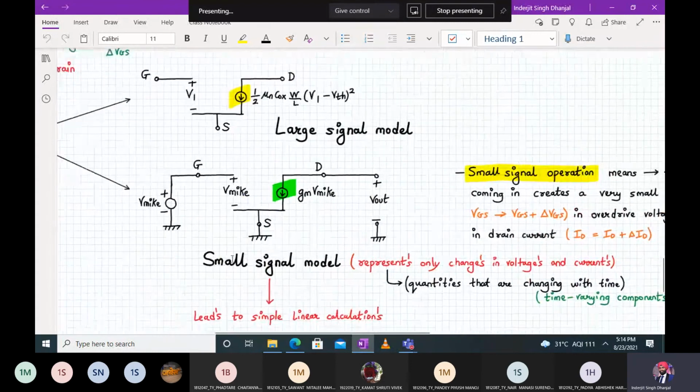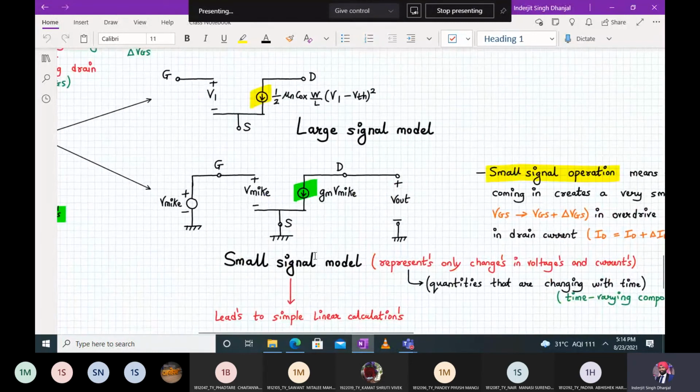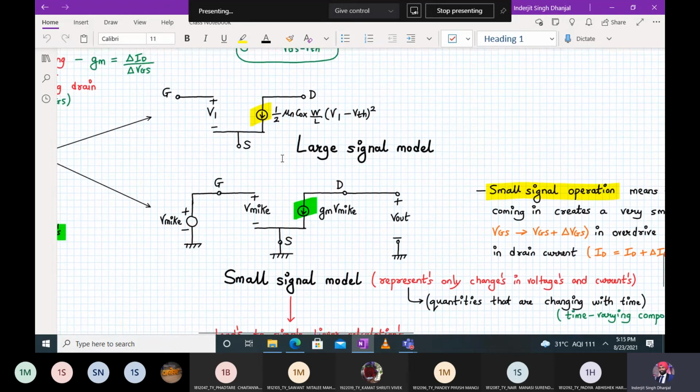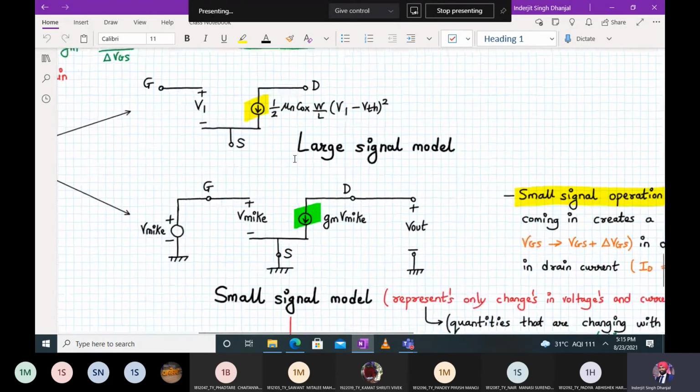So basically, this small signal model is representing the linear version of the MOSFET. It is linearizing the non-linear MOSFET. And why are we so concentrated on the small signal model? Because it will lead to simpler linear calculations, rather than saying, no, I want to use the exact formula, I want to use the large signal model.